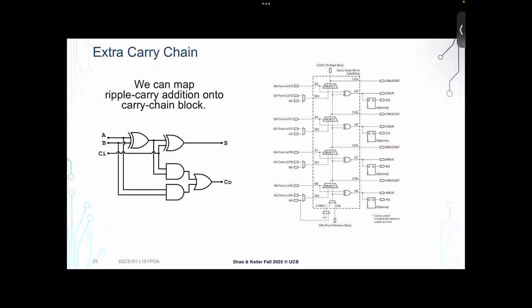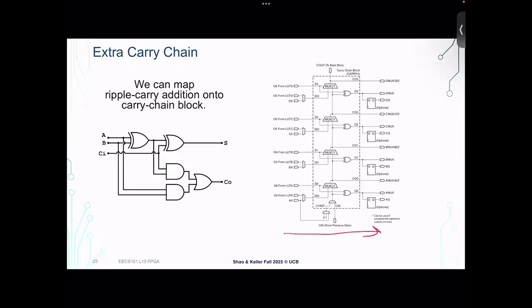Okay, one other specialization. We won't actually talk about this in detail because we haven't talked about arithmetic circuits in detail yet. That's a post-midterm topic. But there's a common case where you're building an adder and you want, rather than doing some combinational logic and having it flow to the output, you actually want it to flow from one lookup table to the next within the same block.